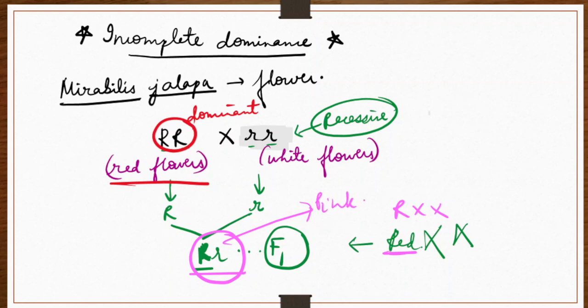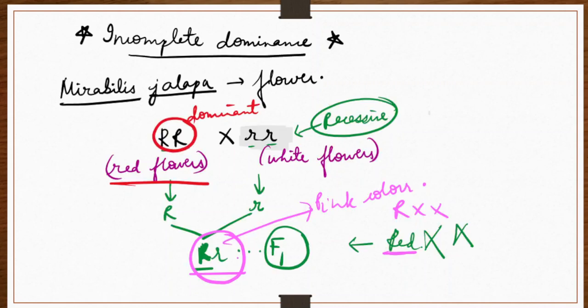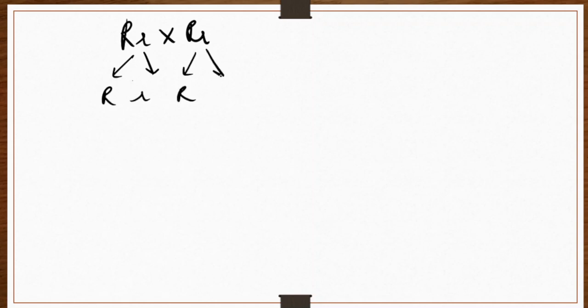Pink color appeared. And if you go with the selfing of F1, you know what is selfing? Self pollination of F1. Then we will get capital R small r crossed with capital R small r. And if you solve this the way we solve a monohybrid cross, we get two gametes of each.